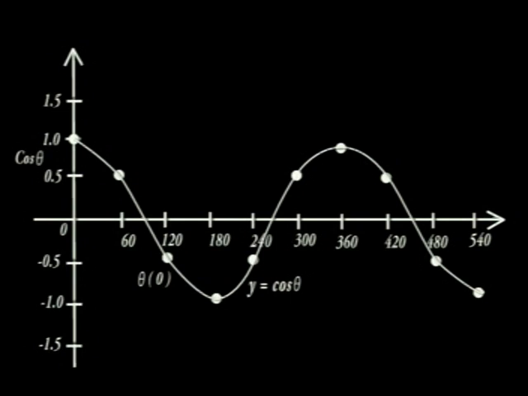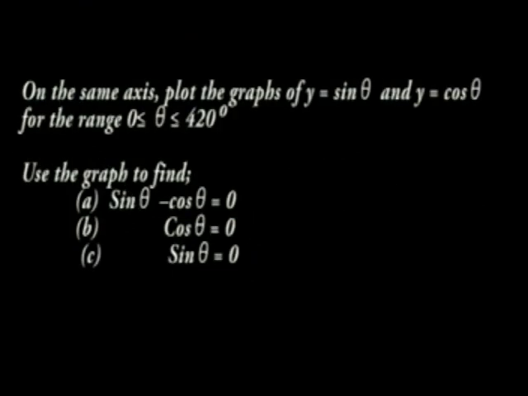Note that two graphs can be plotted on the same axis. For example, on the same axis, plot the graphs of y is equal to sin theta and y is equal to cos theta for values of theta between 0 and 420 degrees.